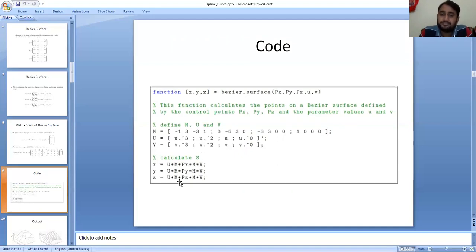V is the column vector. So we can calculate x, y, and z with the formula I have told you: U M Px V, U M Py V, U M Pz V. So this is what the whole function is. This is the function for the Bezier surface of degree 3 and 3 in both directions.